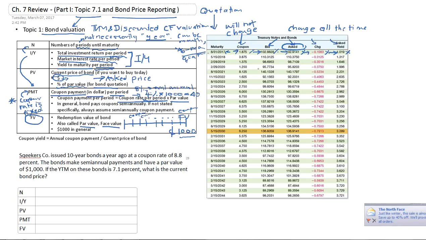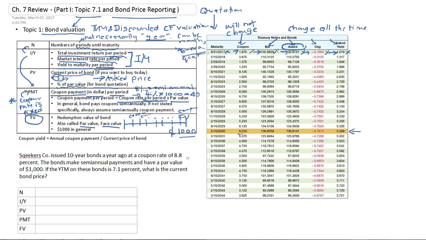Okay, so let's look at how to convert the percentage of the price quote here into the dollar price. For example, let's start here, the one that I already highlighted so you can see it easily.